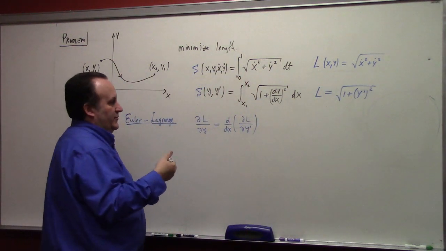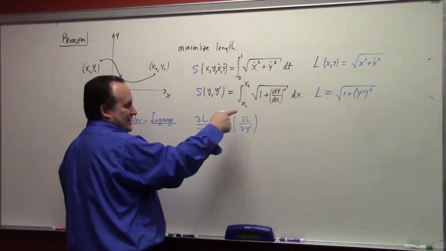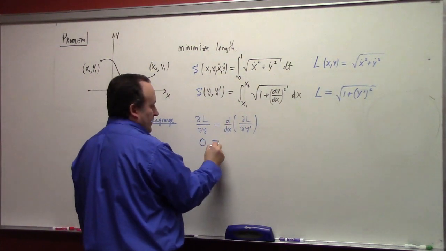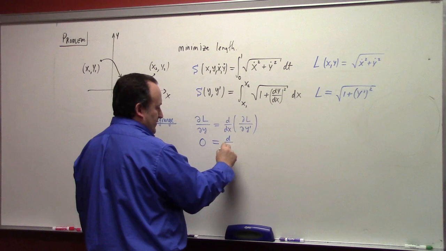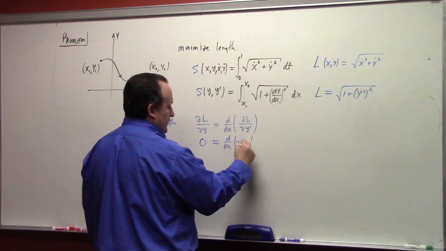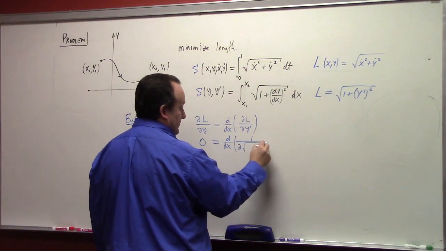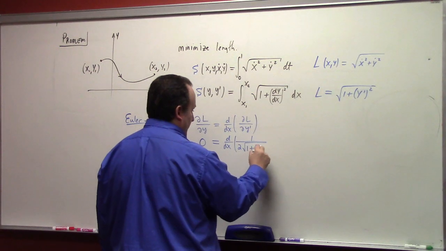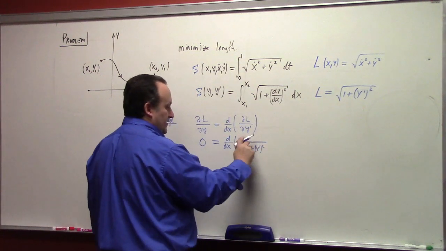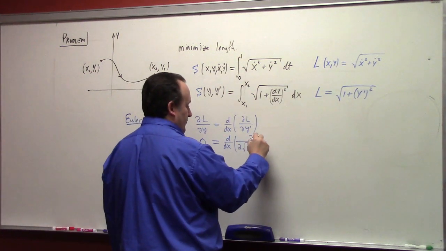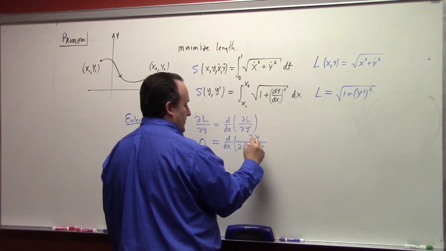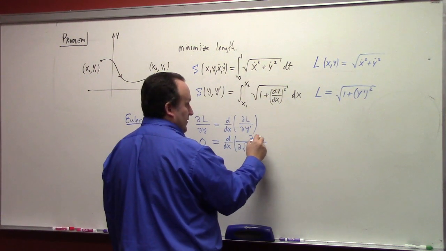So, okay, great. Well, what's partial L partial y? Well, there is no y dependence there, so that's just 0. And then you got d dx of what? Well, 1 over twice the square root of 1 plus y prime squared times 2y prime.